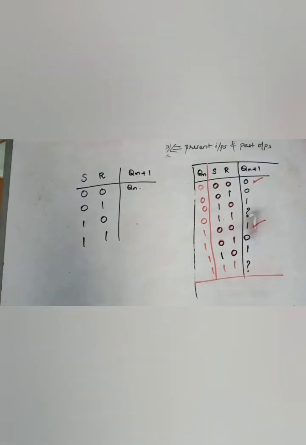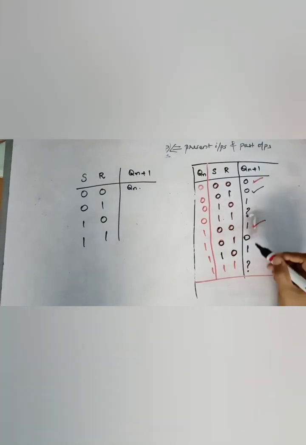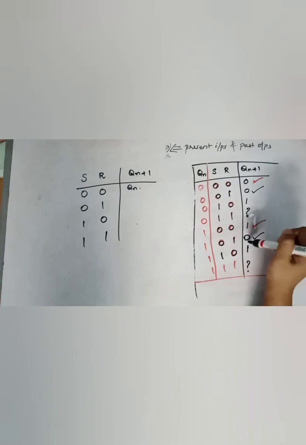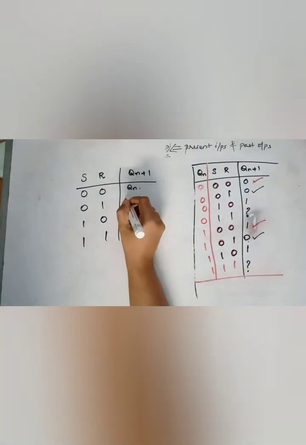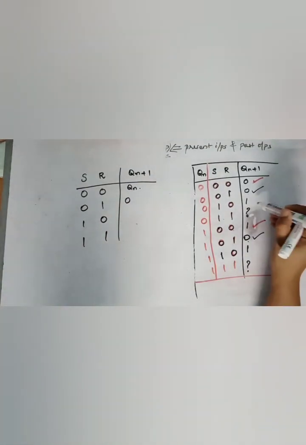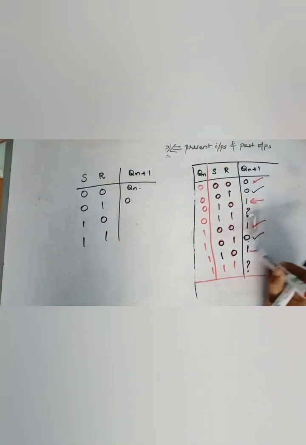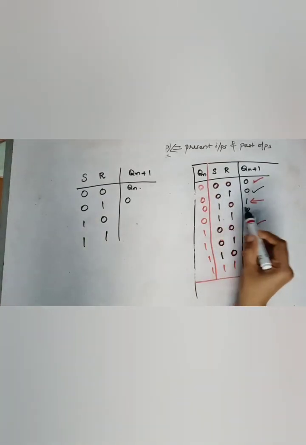If it is SR 0 1, it is this and this. So in both the cases, irrespective of the Qn, the output is 0. So output is 0. In the case of 1 0, this and this, Qn 0, output is 1.